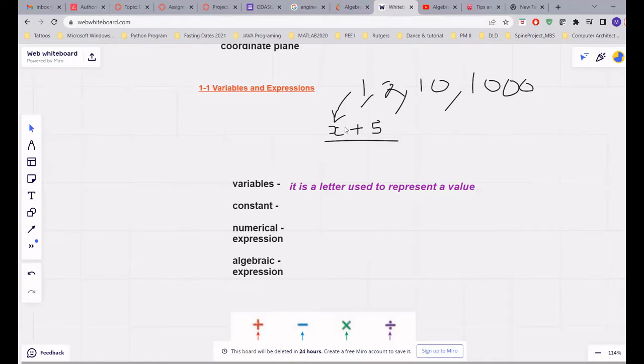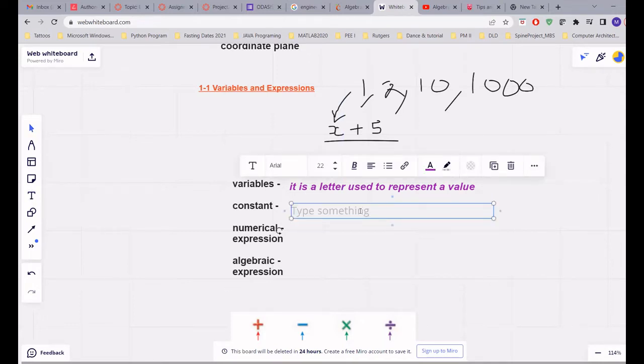For example, in the above example, as you can see, 5 is a constant. 5 is a value that cannot be changed. A constant is a value that does not change.